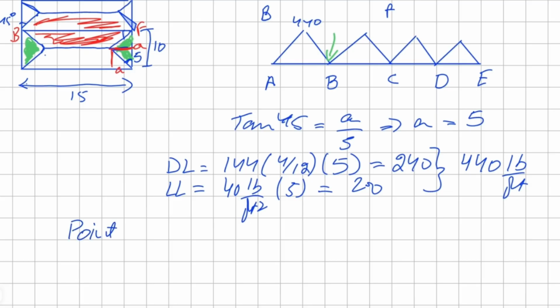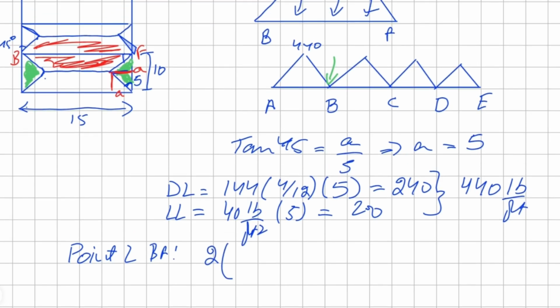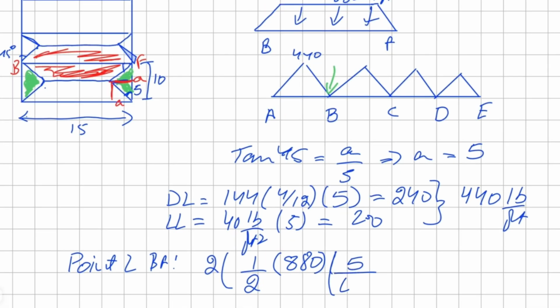So the point load for BF is going to be 2 times the area of a triangle, half times 880 times 5, plus the area of the rectangle in between.